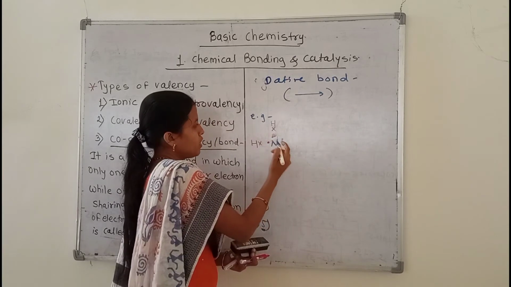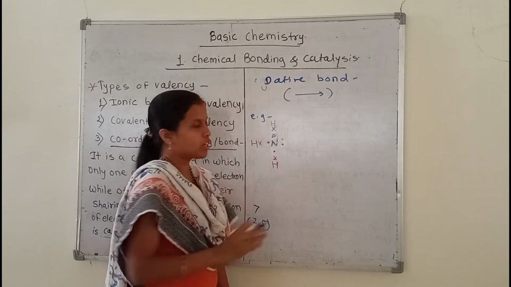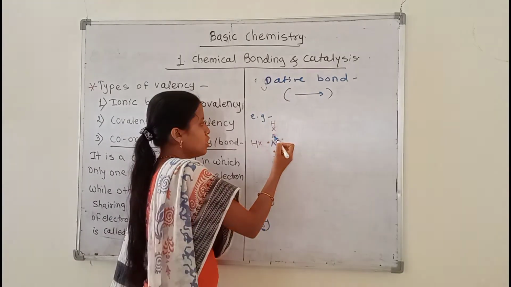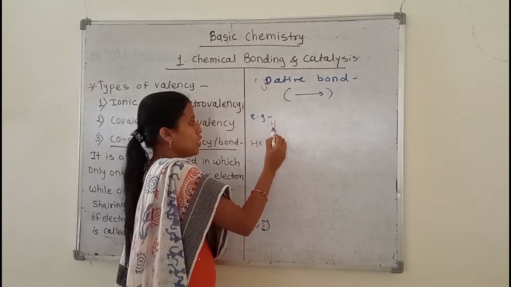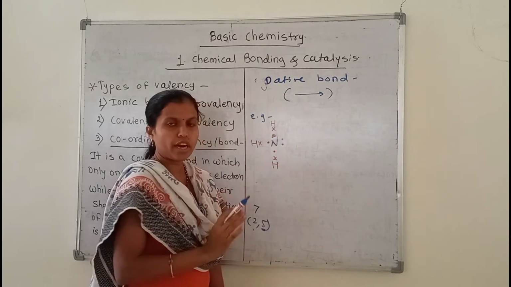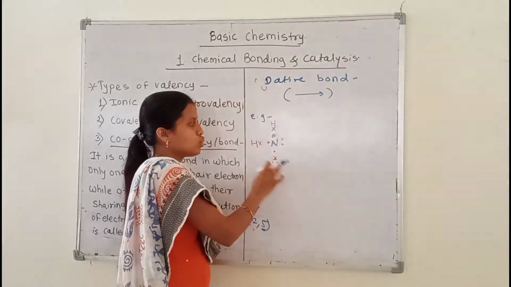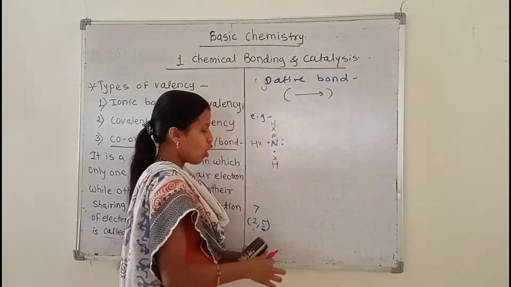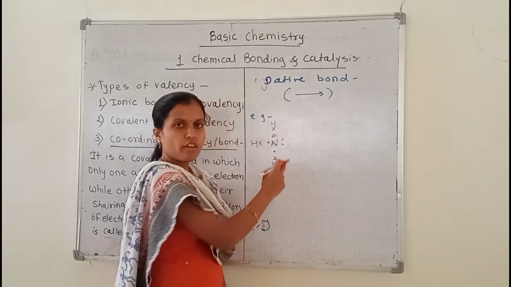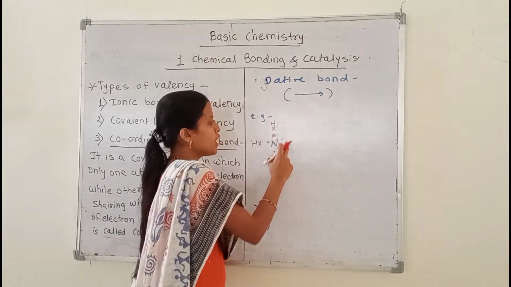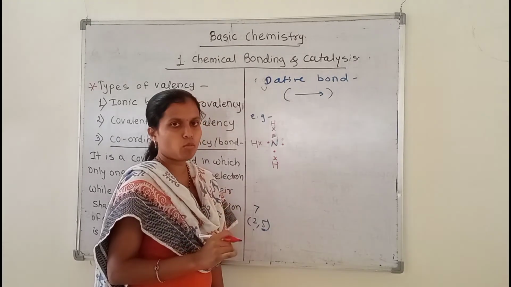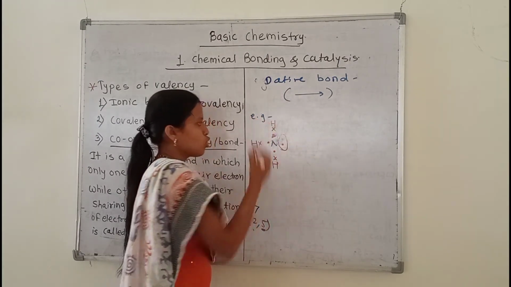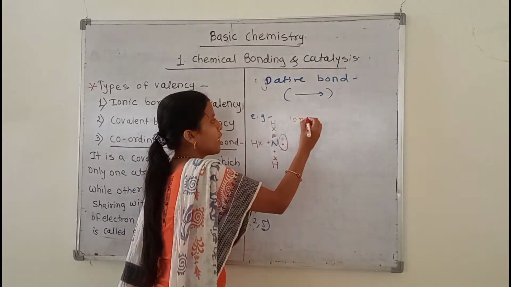In that manner the nitrogen atom can complete its octet when 3 hydrogen atoms attach to the nitrogen atom. The nitrogen atom now has 1, 2, 3, 4, 5, 6, 7 and 8 electrons. So the nitrogen atom completes its octet when 3 hydrogen atoms combine with it. But nitrogen has 2 electrons that cannot participate in chemical bonding with other atoms. So these electrons are called the lone pair of electrons.